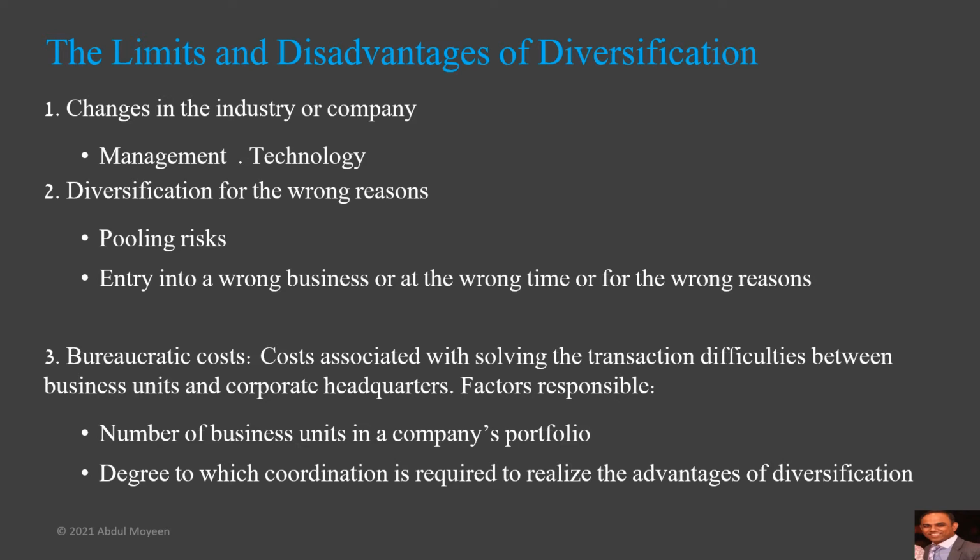So what are those reasons? Number one, the changes in the industry or inside the company that occur over time. Number two, diversification pursued for the wrong reasons. And number three, excessive diversification that results in increasing bureaucratic cost. Let's discuss this point in a little more detail.